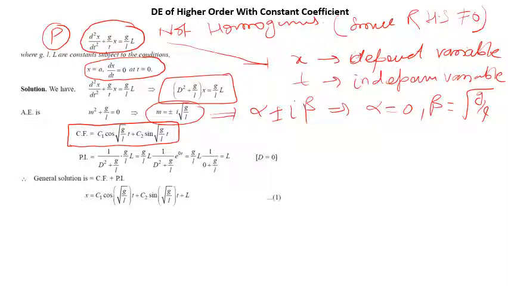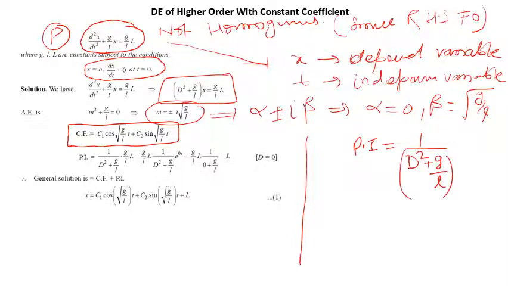Now, how do you evaluate PI? PI can be considered as 1 upon operator. The operator is D square plus g by l, into g by l capital L. This term is RHS.